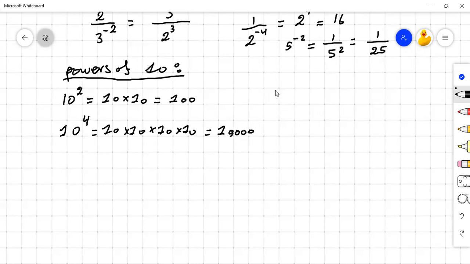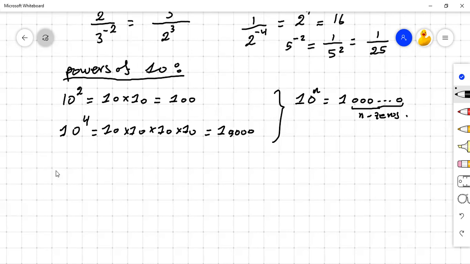Okay, so clearly the formula here, 10 exponent n is equal to 1 followed by 0, 0, 0, etc., and here we have n zeros. This is if we have a positive exponent.